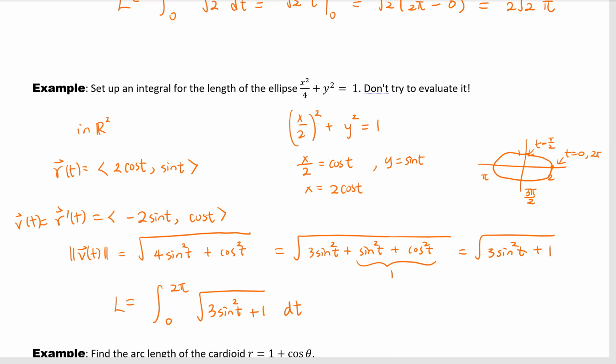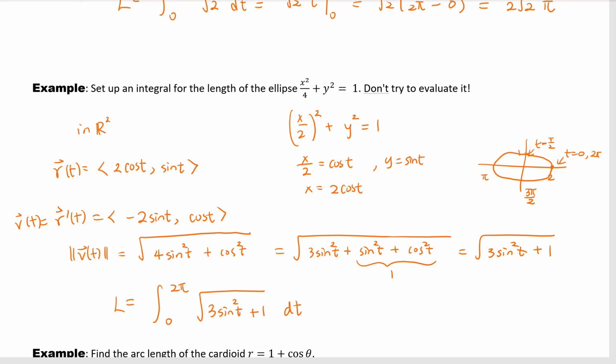After calculus 2, we understand that for derivatives, any given function we can differentiate it. But unlike derivatives, there are so many functions we're not able to find the integral of, and this is one of them.